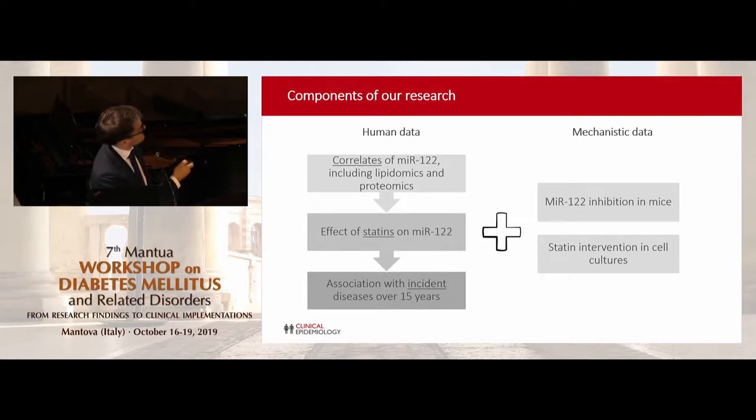We were interested in the correlates of microRNA 122. Is a high level associated with higher age? Is it associated with being obese, etc.? But we also went into further detail by using data on lipidomics and proteomics in our studies.